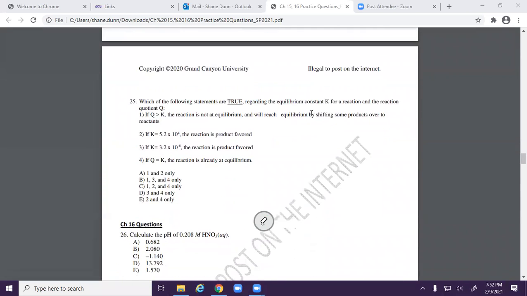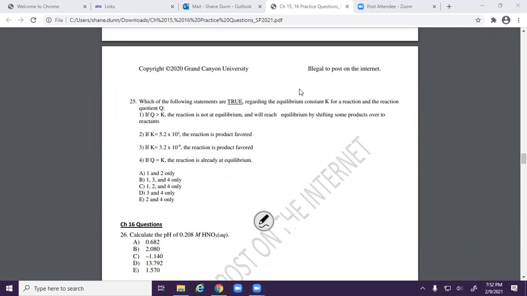Oh gosh, last one. Okay, which one is true? If Q is bigger than K, the reaction is not at equilibrium. That sounds good. And we'll reach equilibrium by shifting to make more products. Is that true or false?